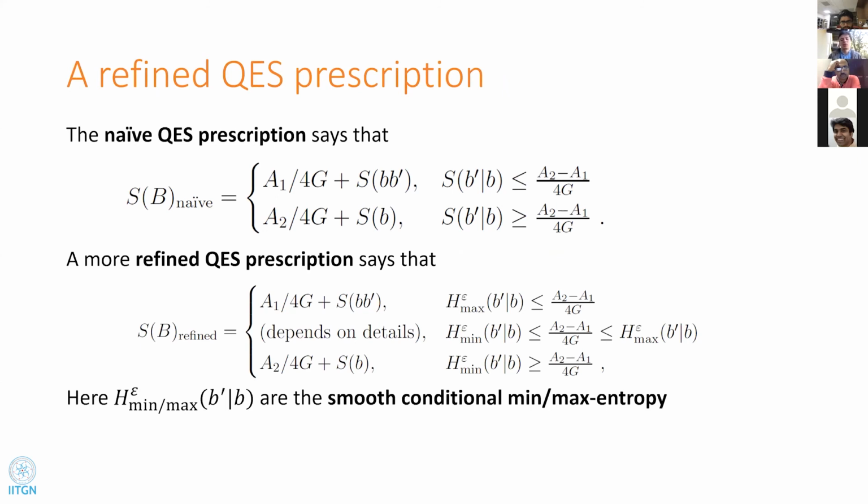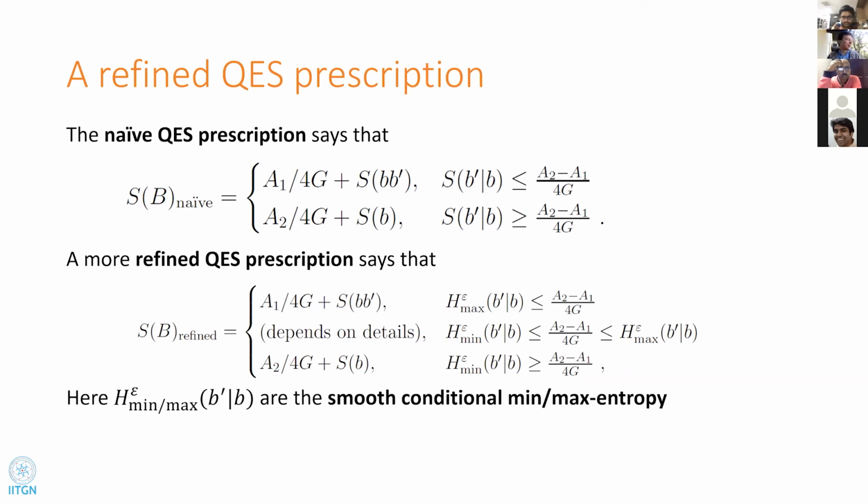So let's just take the case where the state in little b prime is not entangled with the state in little b. That's the simplest version where you can actually be very explicit. Then what you do is you look at the entanglement spectrum of the state in little b prime.